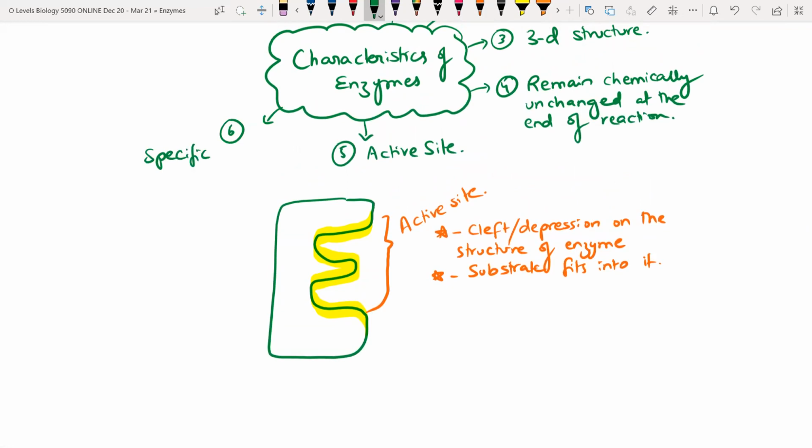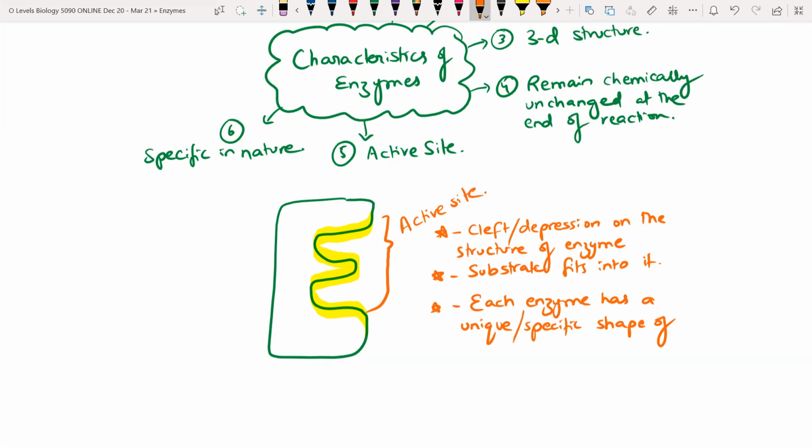Okay. What do I mean when I say that they're specific in nature? What that means is the shape of the active site is specific. Each enzyme has a unique, specific shape of the active site.